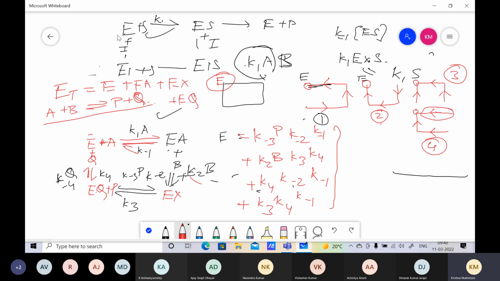Or as I was talking about in this case, E plus ES plus EIS plus EI. And then you can simply find out the fraction saturation for the terms that are going to lead to product. Job done.